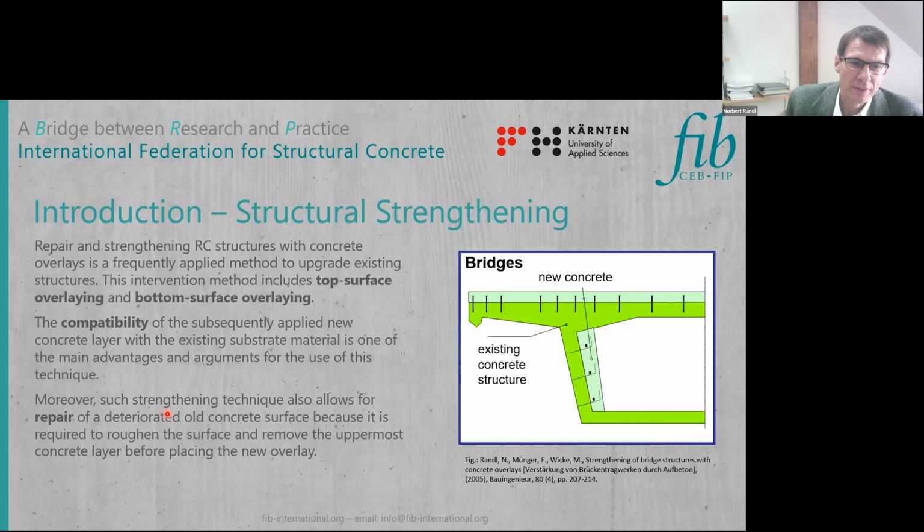The compatibility of the materials when doing such type of structural strengthening is one argument for strengthening and retrofitting with a new concrete layer. Apart from that, such technique allows for a repair of a deteriorated old concrete surface.